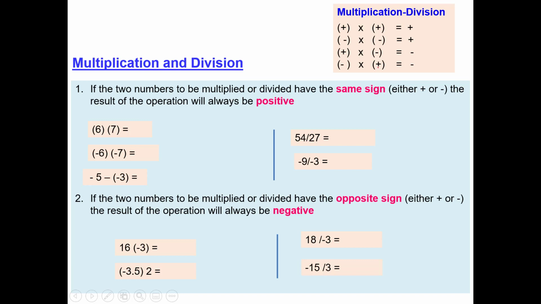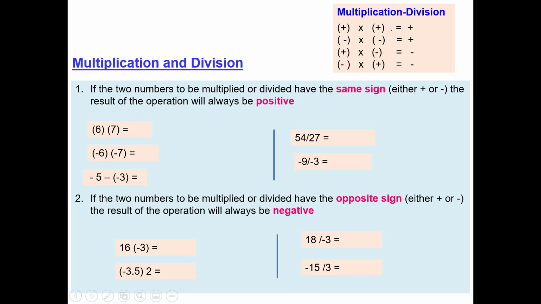But if we multiply or divide integer numbers which have opposite signs, the answer is always negative. This rule applies for multiplication and for division.